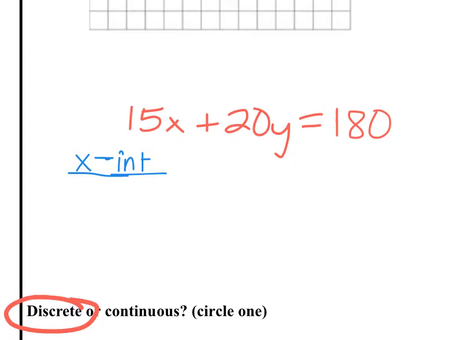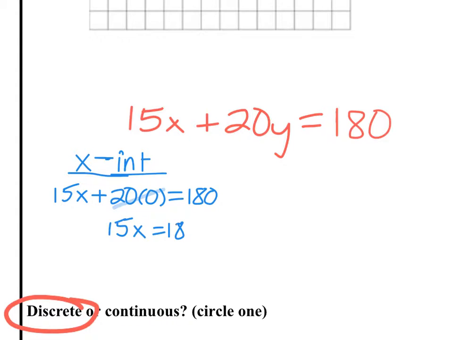So my x-intercept, I can plug in 0 for y. So that basically goes away. You got 15x equals 180. Divide by 15 and you get 12. So that's the point 12, 0. Find your y-intercept now.